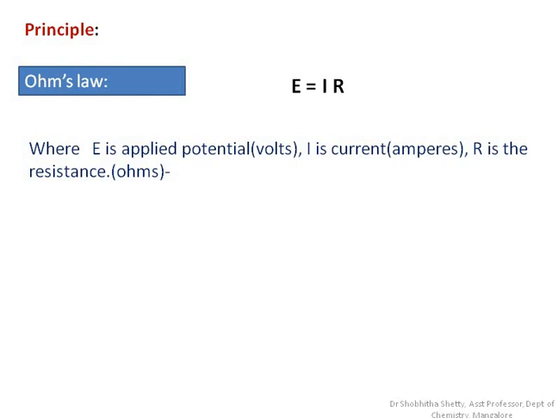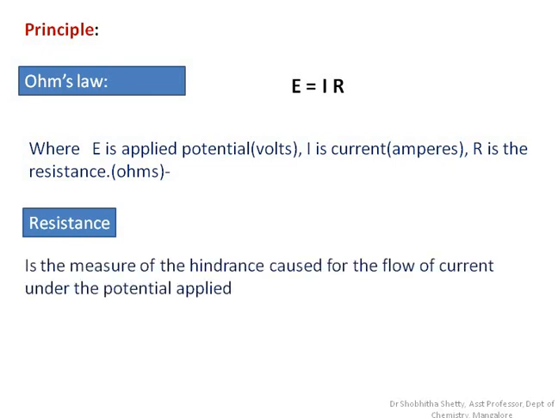So we know what resistance is, what current is, as well as the voltage that we apply. Resistance is the measure of hindrance caused to the flow of current under the applied potential. As the term indicates, the hindrance caused to the flow of current is called resistance.